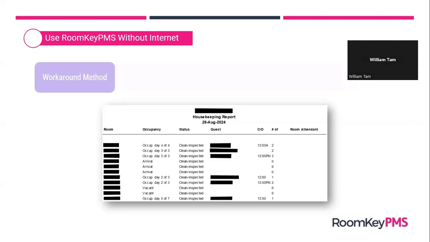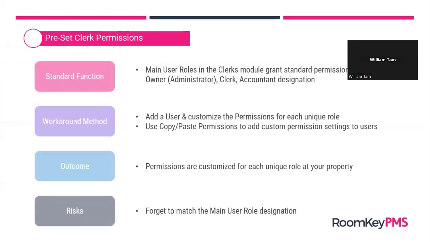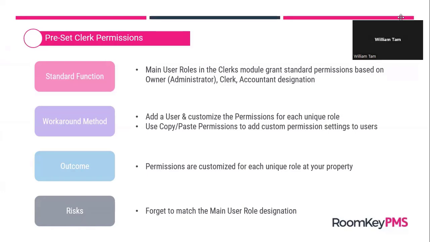Now let's take a look at our second workaround method. This is the ability to preset clerk permissions. Now, the standard functionality in RoomKey for clerk permissions is based upon main user roles in the clerks module. So these main user roles are used to grant a standard set of permissions based on one of three main user roles.